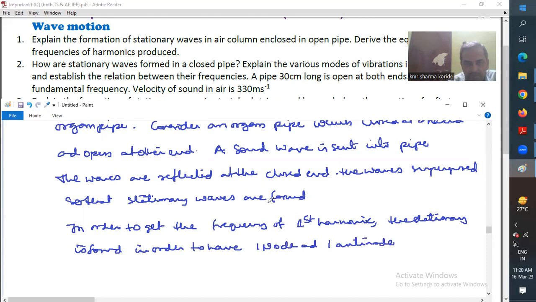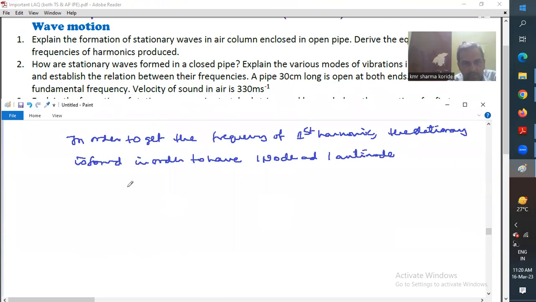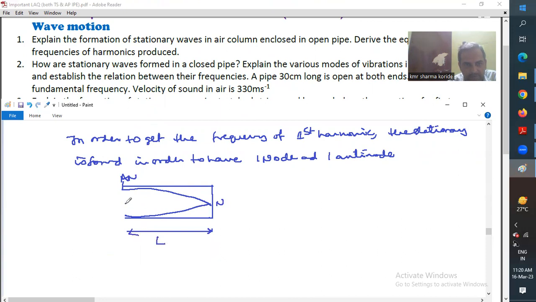The antinode is in general formed at the open end only. So this is the diagram. One end is closed, and the wave is produced like this. The antinode is at the open end and the node is at the closed end. Within the length of the pipe, a wave of wavelength lambda by 4 is formed.